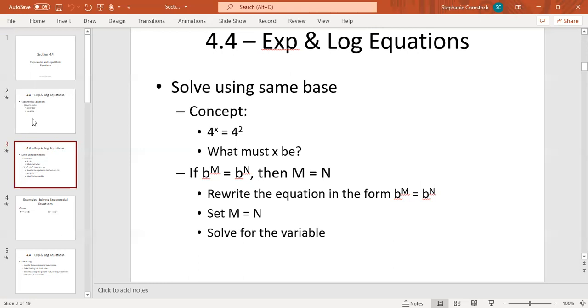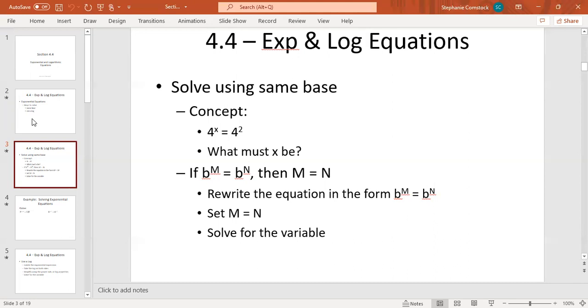In some scenarios, you'll already see that they have matched bases, and it's fairly straightforward. In some of these, we have to rewrite the bases in order to get them to match. One thing of note is that generally you will take larger bases and break them down to something smaller.